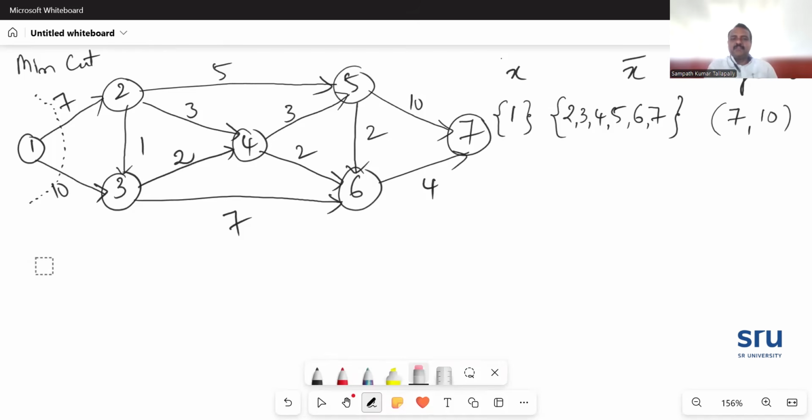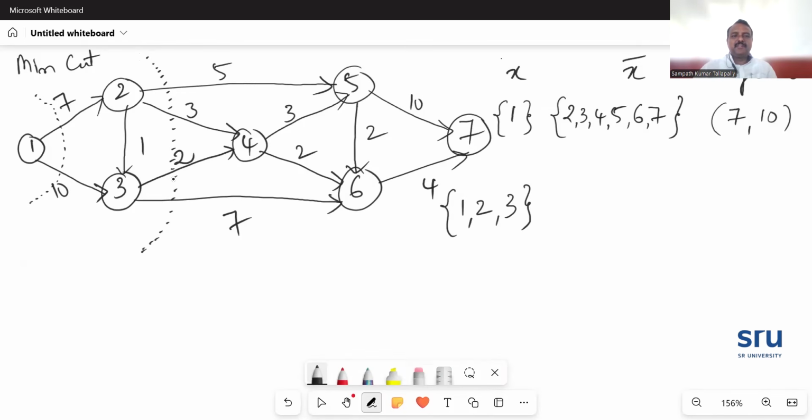Now I'll talk about one more X. I'll take 1, 2, 3 in one set. It means that I will have a cut in this way.